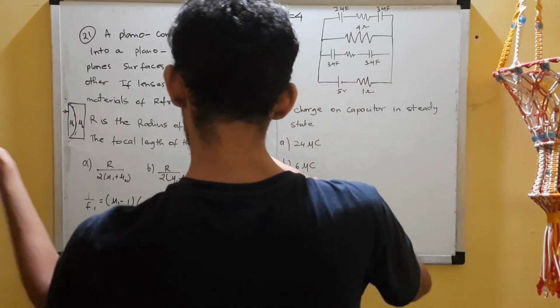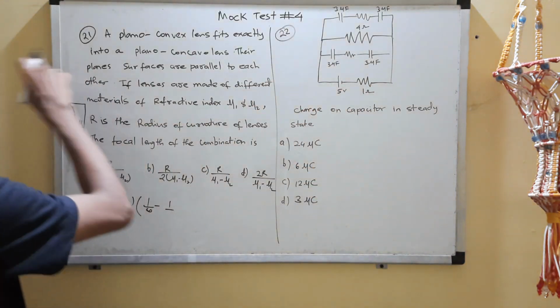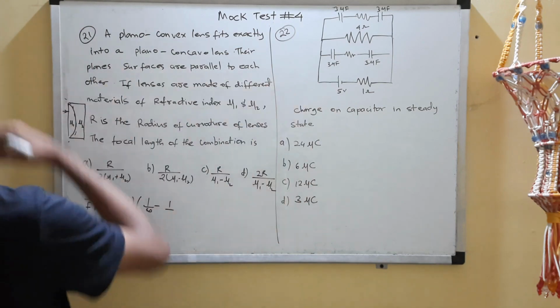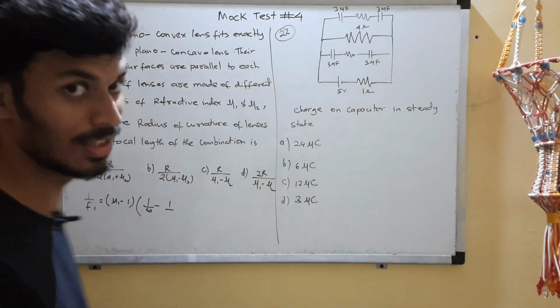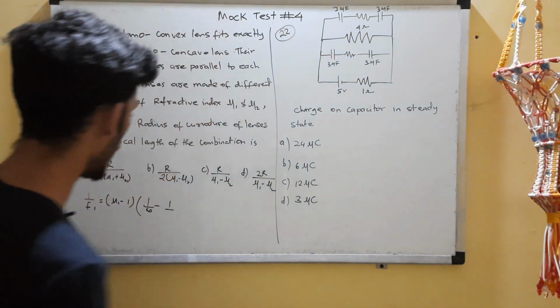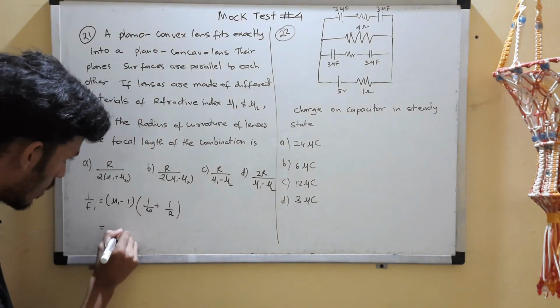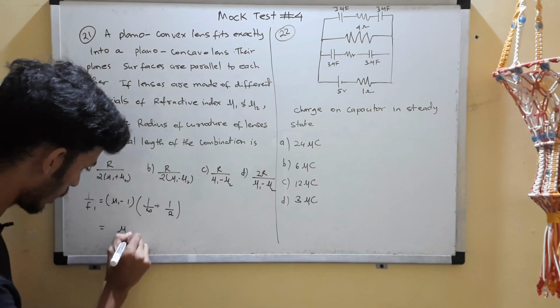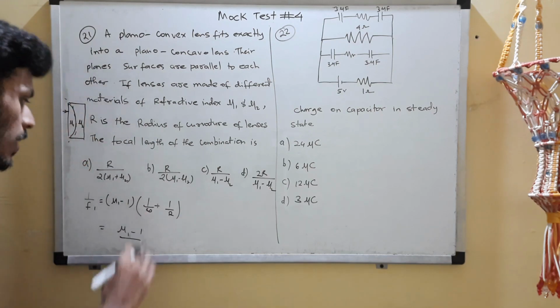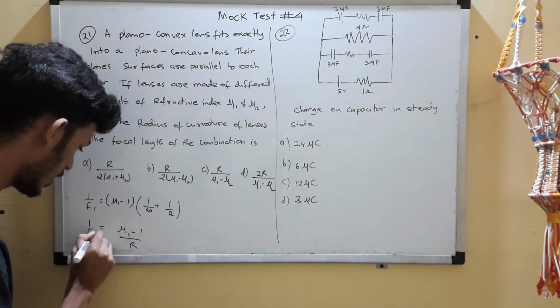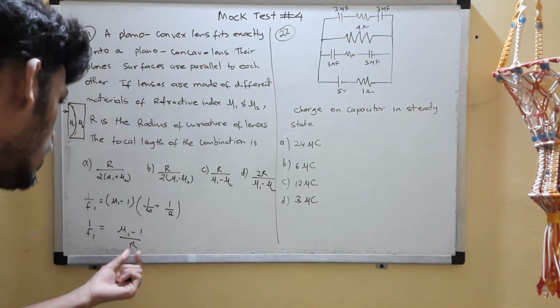If you complete the sphere, it goes in the backward direction, so it is minus r. Minus minus becomes plus. 1 by infinity is 0, so 1 by f1 is mu1 minus 1 upon r.